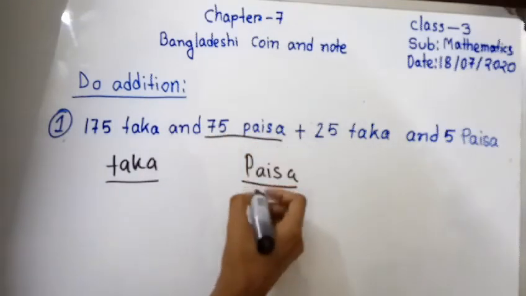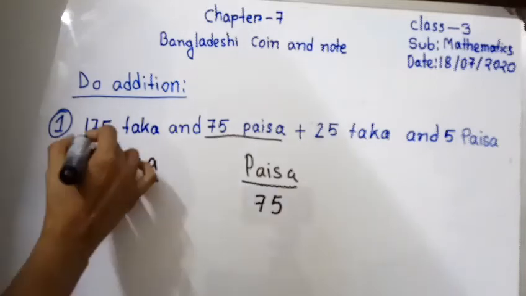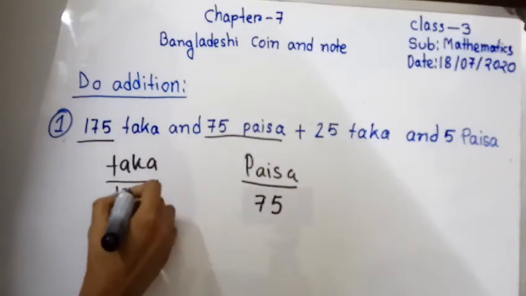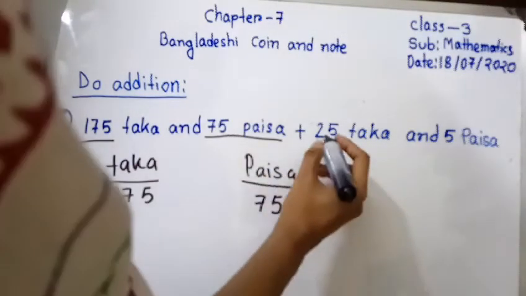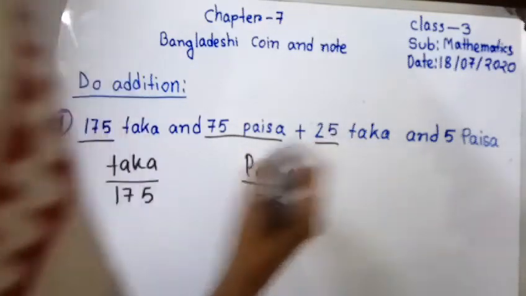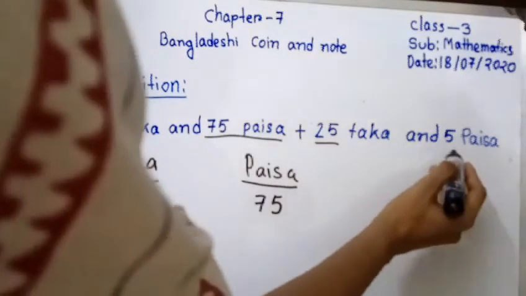First 75 paisa and 175 taka. Second part 25 taka and 5 paisa.